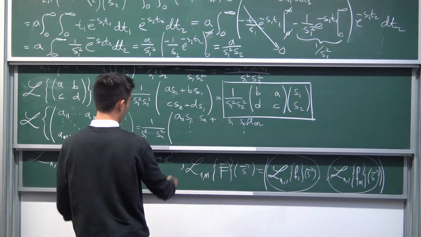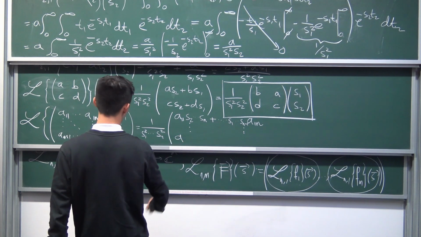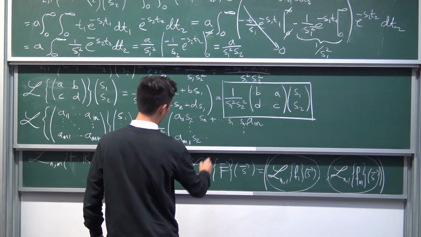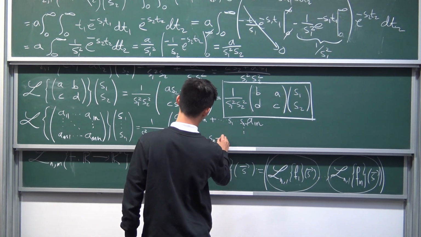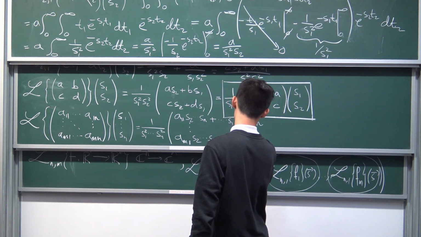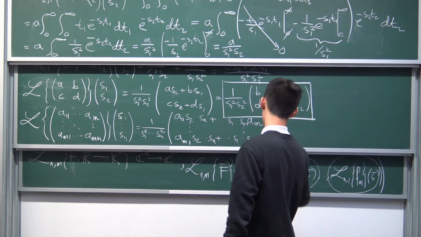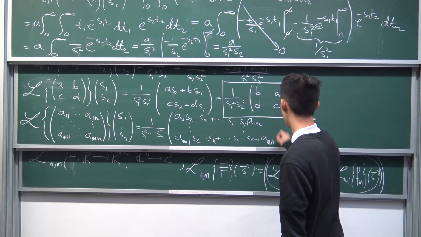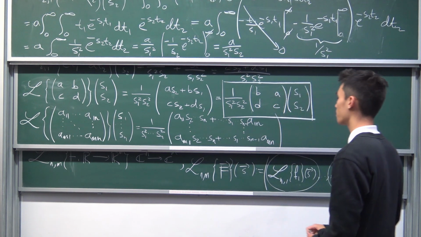And then we would just copy the same thing. But now instead of A11, we have Am1, and then we have S2 dot dot dot Sn, plus dot dot dot. And then we have S1 dot dot dot Sn minus 1, and then what we would have, Amn, like so. And we can close off the matrix there.